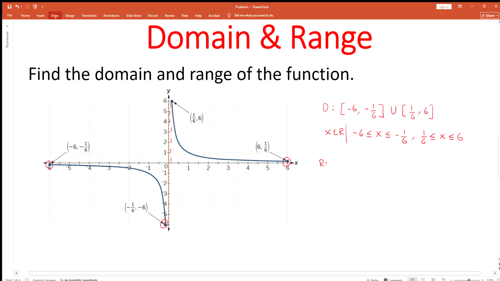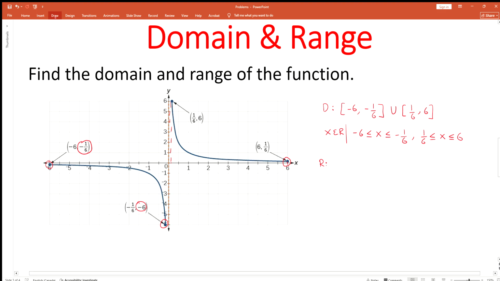The lower curve starts at -6 on the y-axis because the y-coordinate of that point is -6, and this lower curve ends at -1/6 along the y-axis because the y-coordinate of the upper endpoint of this curve is -1/6. So this lower curve has the range from -6 to -1/6, and the endpoints are included because of the filled dots or the filled circles at the ends of this curve.